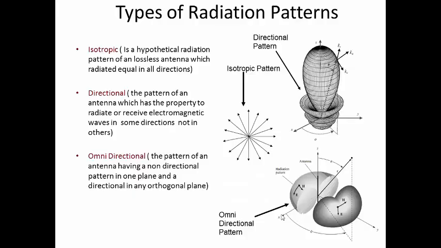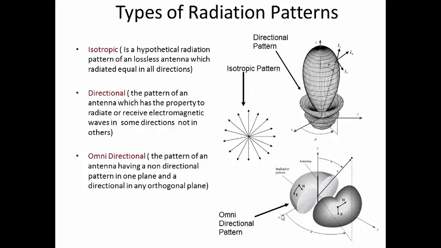Now coming to the types of radiation patterns. Normally we can classify all our antennas in three categories. One is isotropic antennas, another is directional antenna, and third one is omnidirectional antenna. This categorization is done depending upon their radiation patterns.